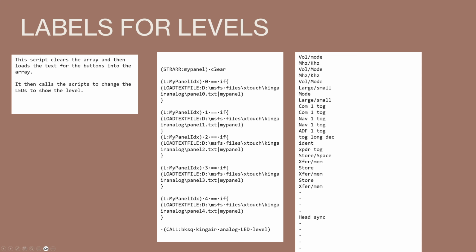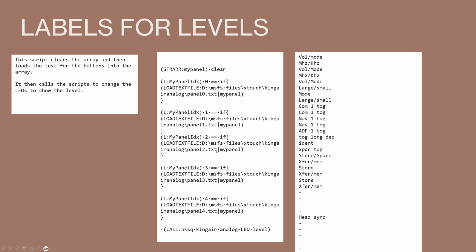You wipe all the values out, then work out which layer you're on and load that text file. If I was on the one with index 2, it would use the full pathway to get panel 2's text, load it, and write that into the array, my panel.